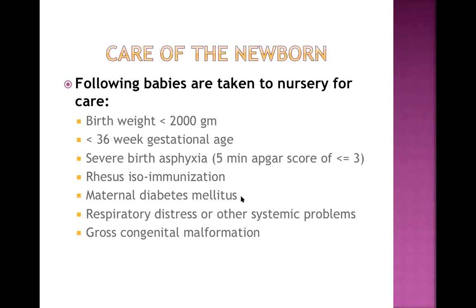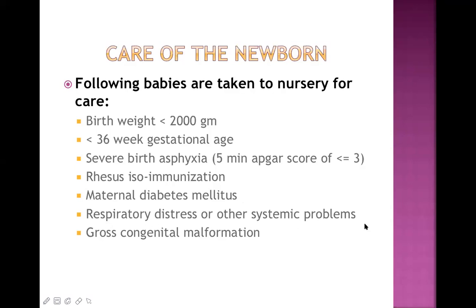It is not by maternal insulin. Many of the students think like this. This is a wrong explanation. Insulin cannot cross the placenta. It is because of the baby's own insulin, which is stimulated by that glucose which is coming from the mother.